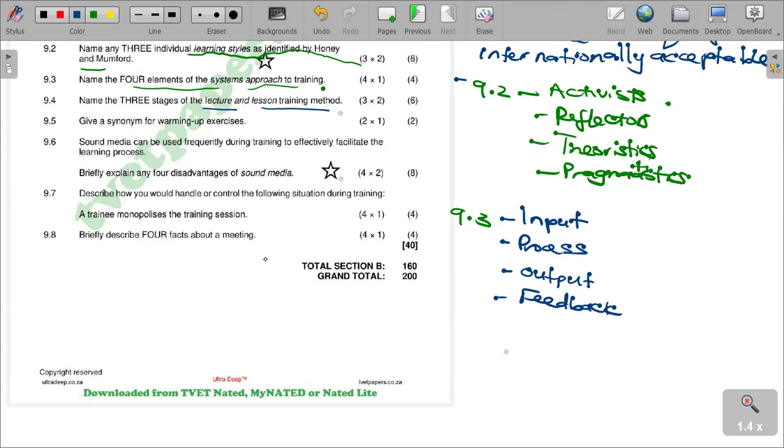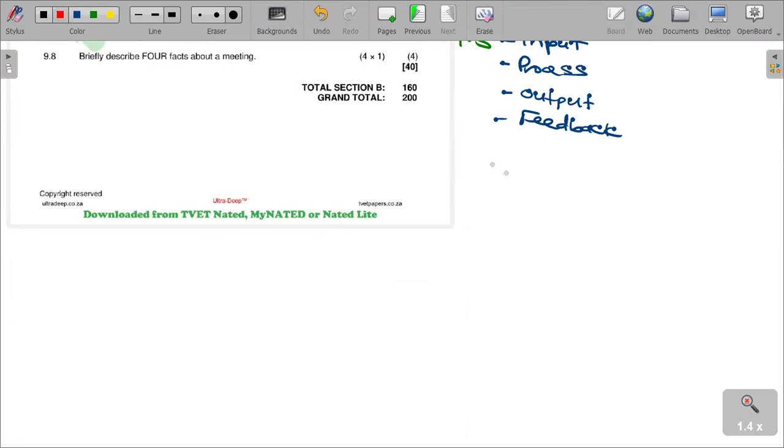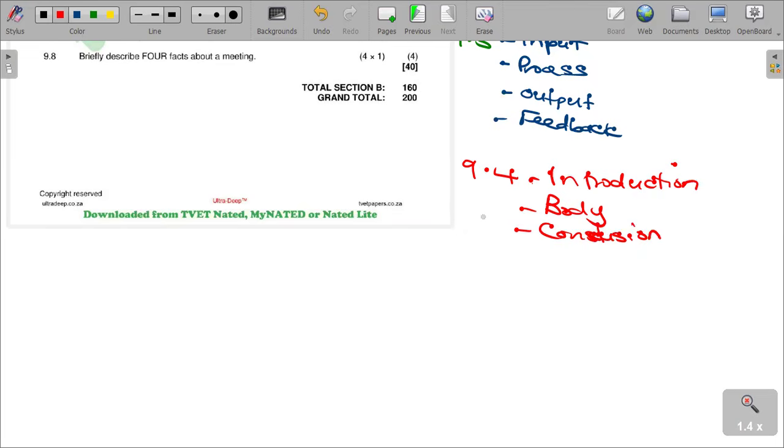We have an introduction, whereby an introduction is given, and then the development stage, which is the body, and lastly, a conclusion, which is a summary stage.